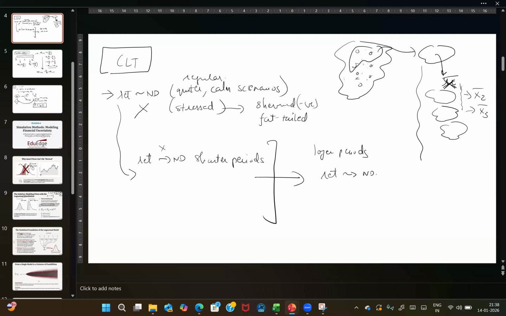If we keep doing this infinitely, the PDF, or the probability distribution function, of this sample mean tends to a normal distribution.